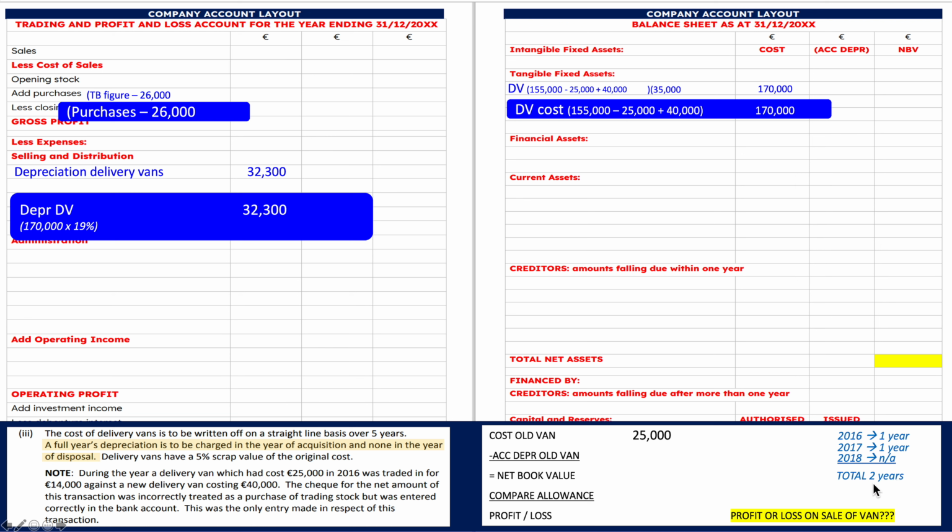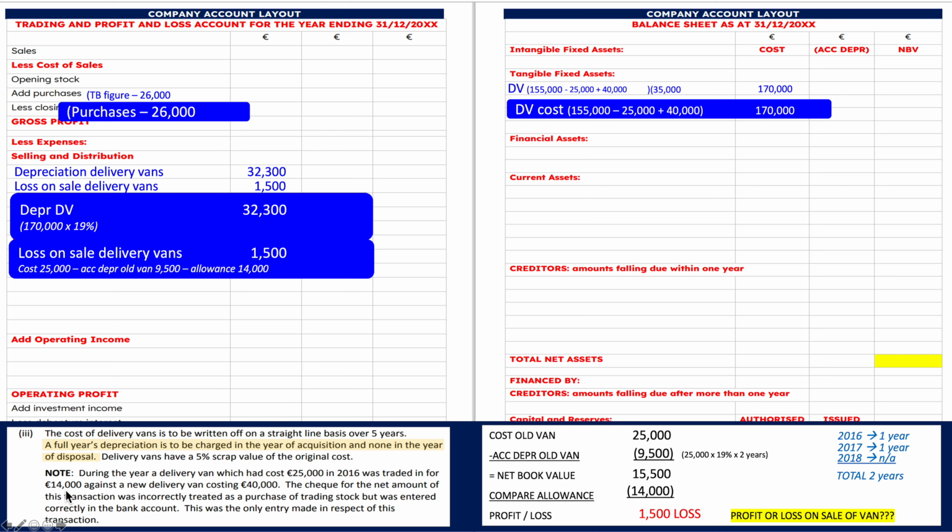So it's been depreciated for 2 years. The accumulated depreciation is 25,000 by 19% by 2 years, which is 9,500. That gives us a net book value at time of sale of 15,500. We compare that to the allowance of 14,000, and that gives us a 1,500 loss on sale of the delivery van.